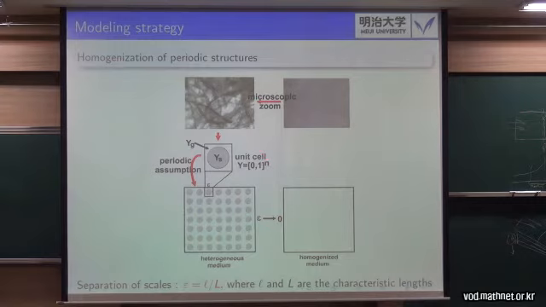So using a periodic assumption, this basic unit can be translated to cover the entire material of interest, like this one here. So from here we have our heterogeneous medium, which on application of the homogenization technique, we can arrive at a homogeneous medium.